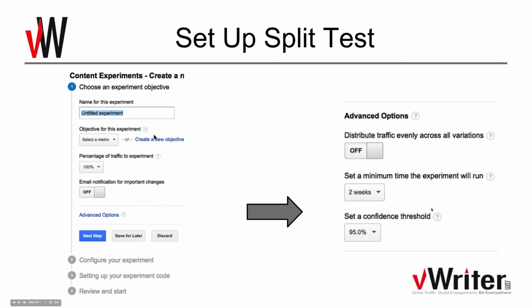If you want each page to be treated completely evenly, you can just turn that option on, but generally I leave it off for that reason. I want to take advantage of the winning page as soon as I possibly can.